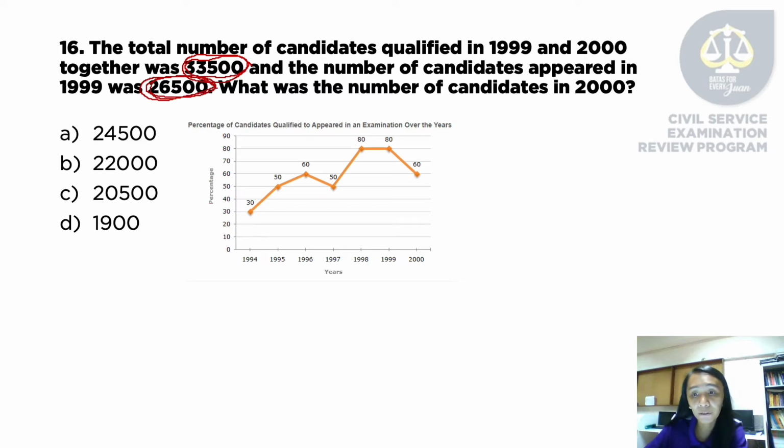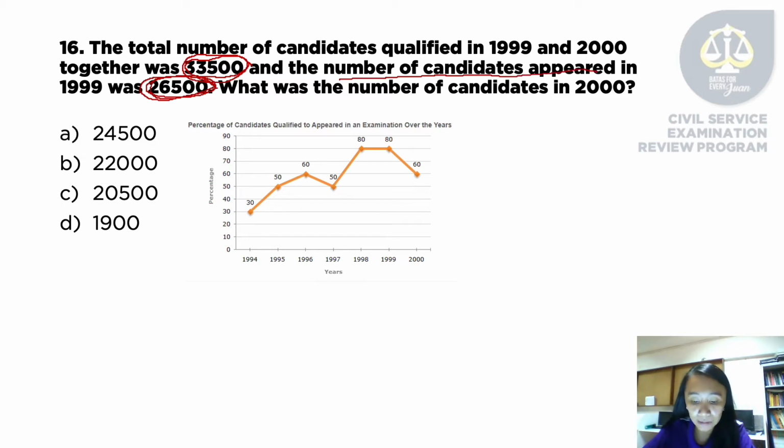So what is my first step in arriving at the correct answer? I need to locate first the number of qualified examinees in 1999, since I have the number of candidates who appeared in 1999.